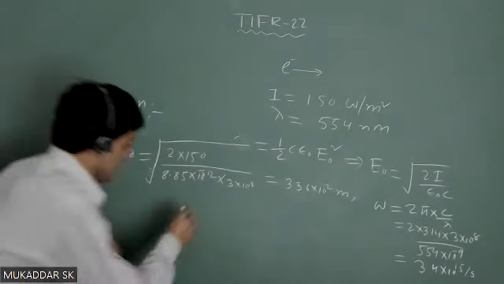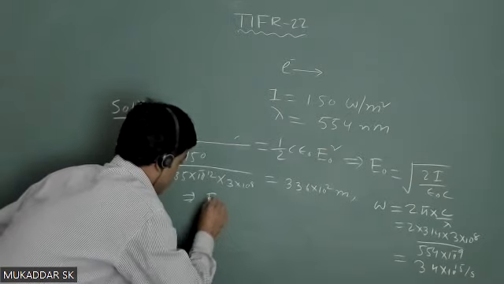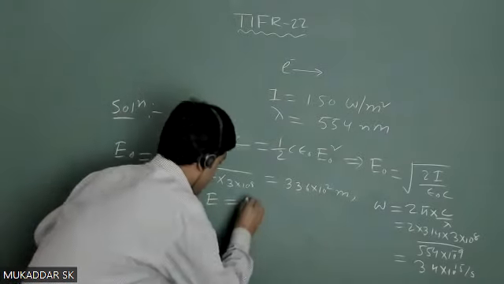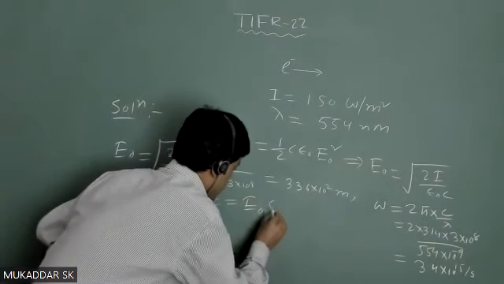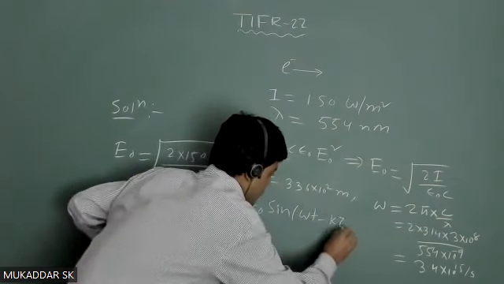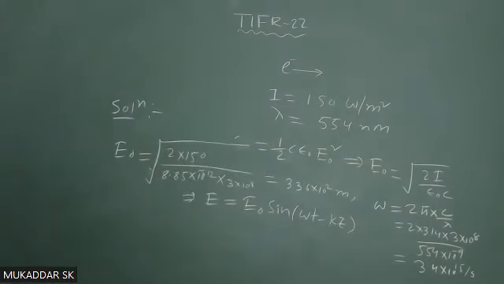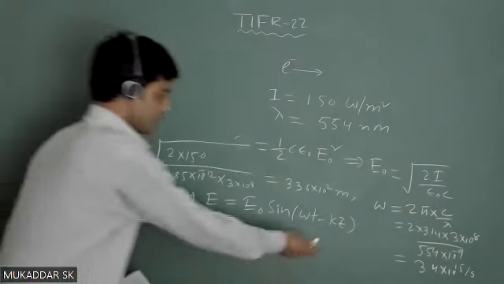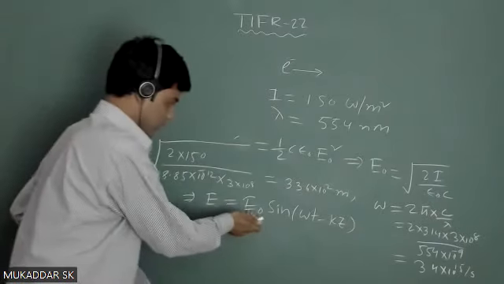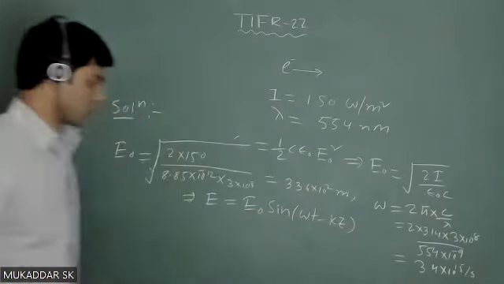So I can write the electric field component of this EM wave of the laser beam as E naught sine of omega t minus kz. Let us assume this beam is traveling along the z axis. I have calculated E naught as well as omega.